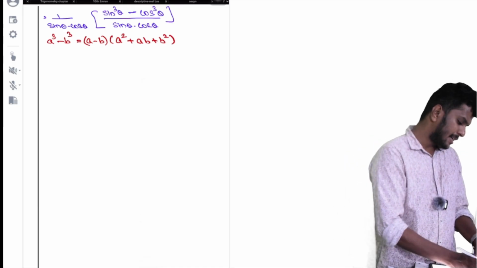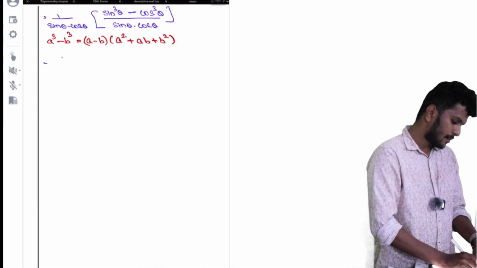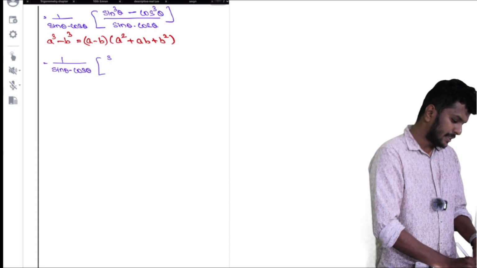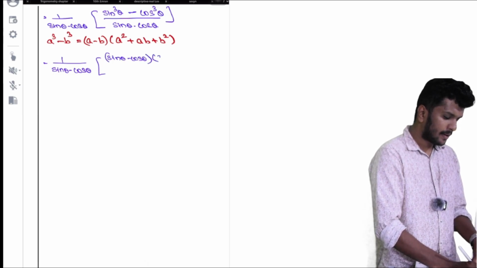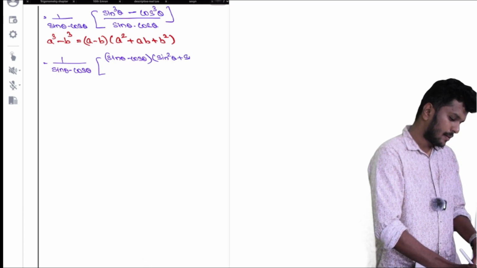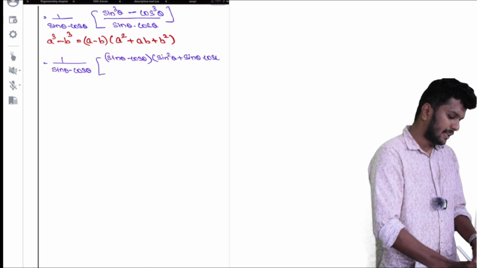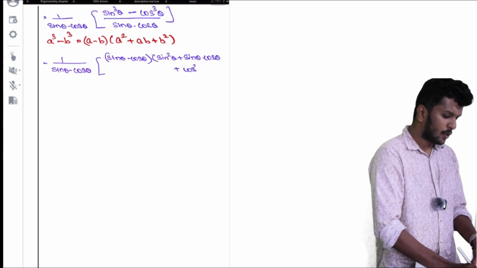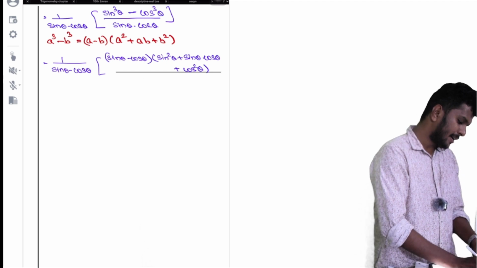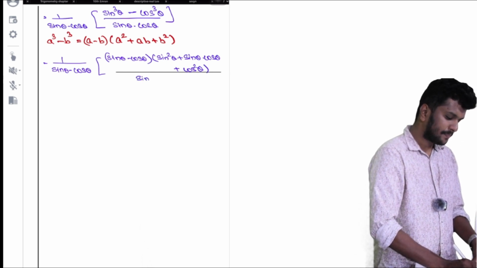So that implies 1 by sine theta minus cos theta into sine theta minus cos theta into sine square theta plus sine theta into cos theta plus cos square theta, whole divided by sine theta cos theta.